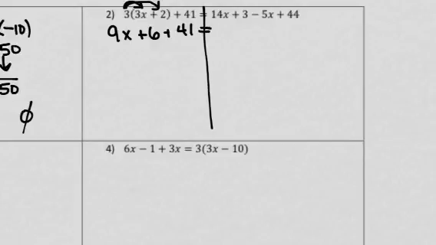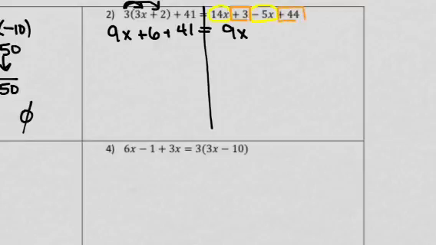On the other side, I'm going to combine like terms, so I have 14x, and then remember we look at the sign in front, minus 5x. So 14x minus 5x is 9x. And then we have plus 3 plus 44.